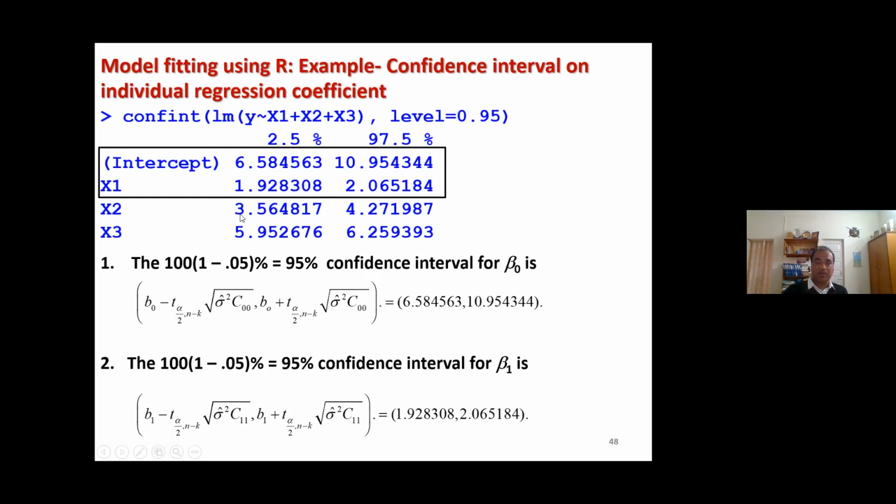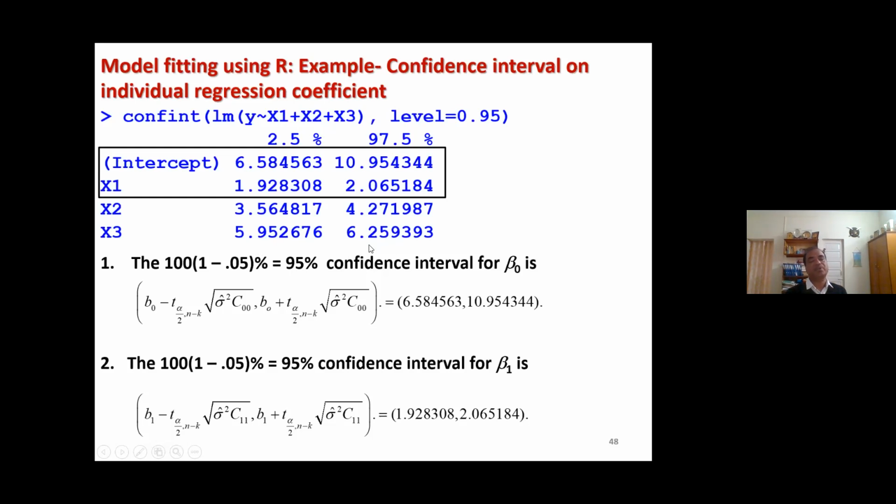The confidence interval for B2 is 3.5 to 4.27, so B2 will lie between 3.5 and 4.27. For X3 also, the confidence interval is 5.95 to 6.25, so the value of B3 is expected to lie between 5.95 and 6.25.